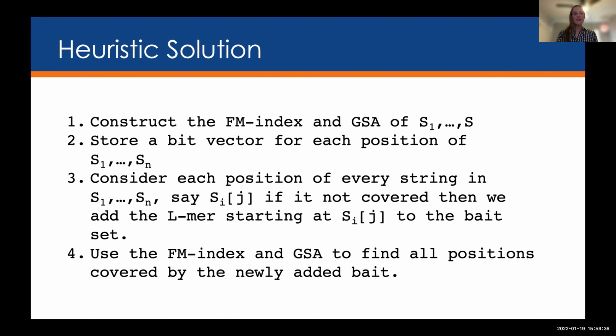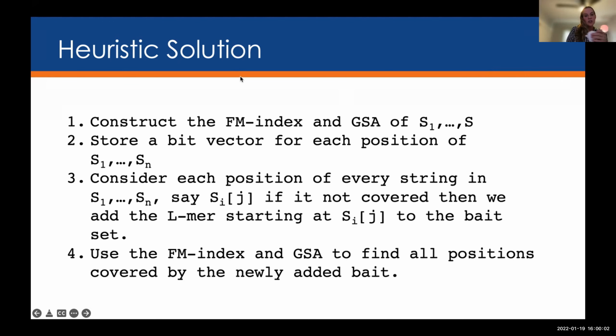The first step is to construct the FM index and the generalized suffix array on the input strings S1 through Sn. We also store a bit vector for each position of each one of our input strings. That bit determines whether it is covered or not.